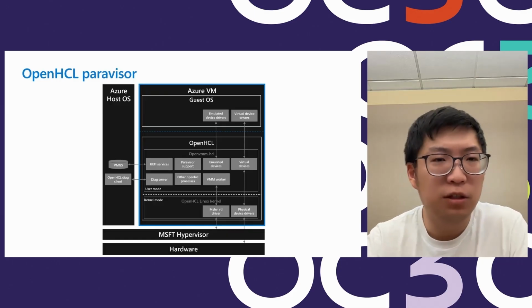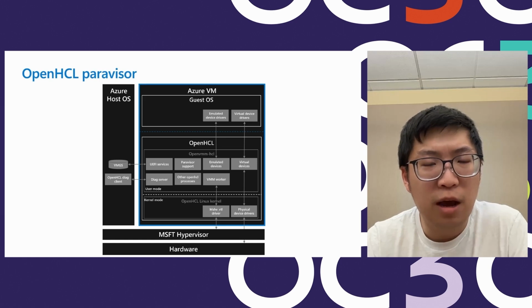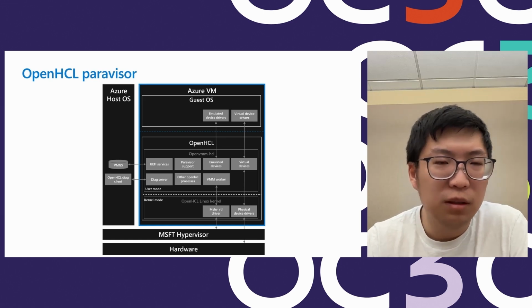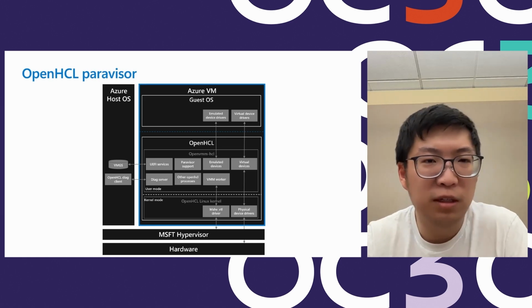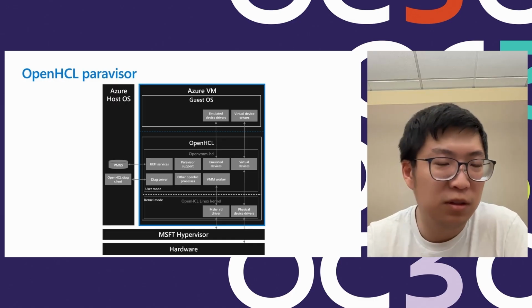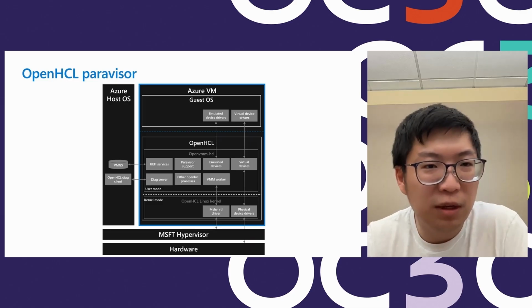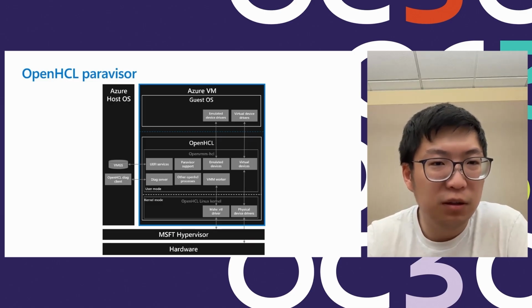Here's a picture of OpenHCL. It's pretty broad. You'll notice that effectively it's a very similar model, right? We still have this confidential VM. We still have these different privilege levels. It's still running in a higher privilege level. But you may notice a few differences. We have a bunch of different components.